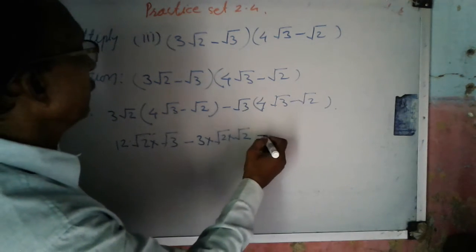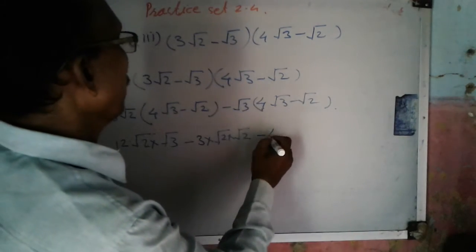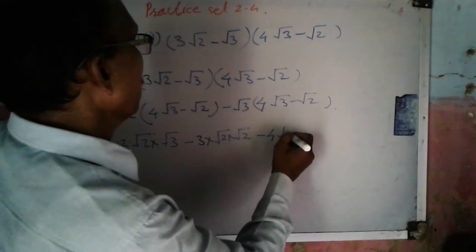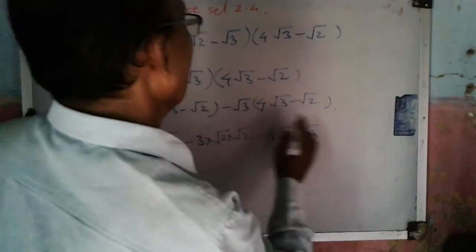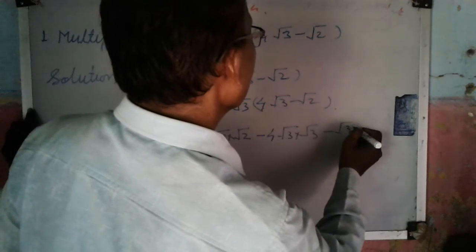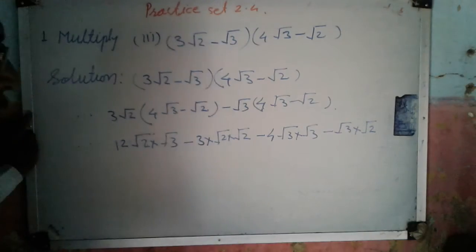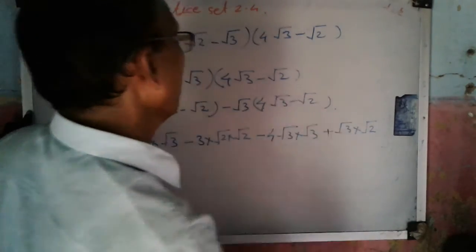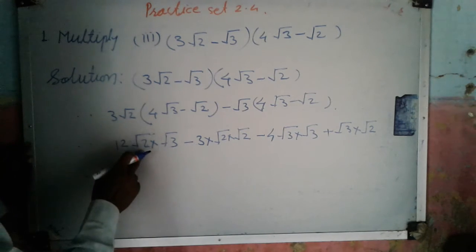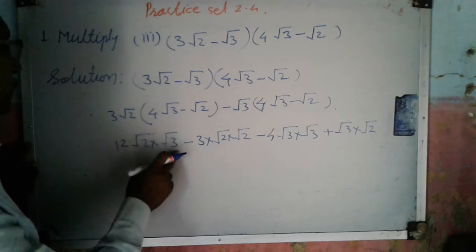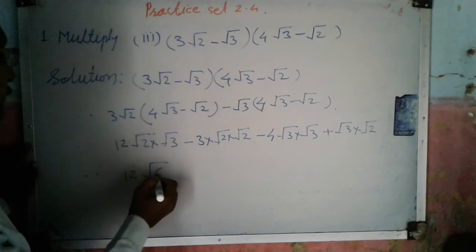Now solve this bracket: minus 4 as it is into root 3 into root 3. And here minus root 3 into minus root 2, so minus becomes plus. Root 2 into root 3 gives root 6. That means 12 root 6.